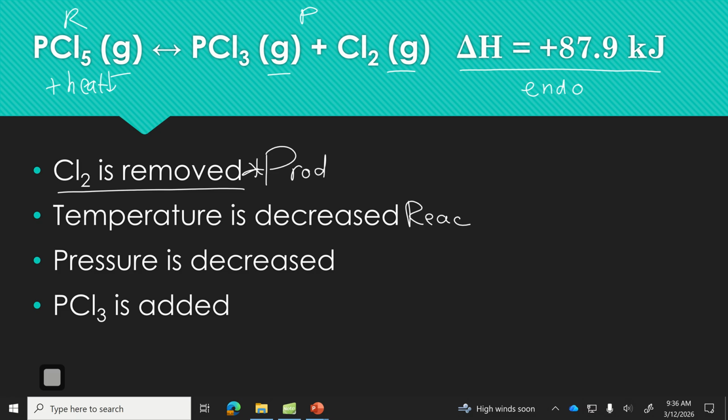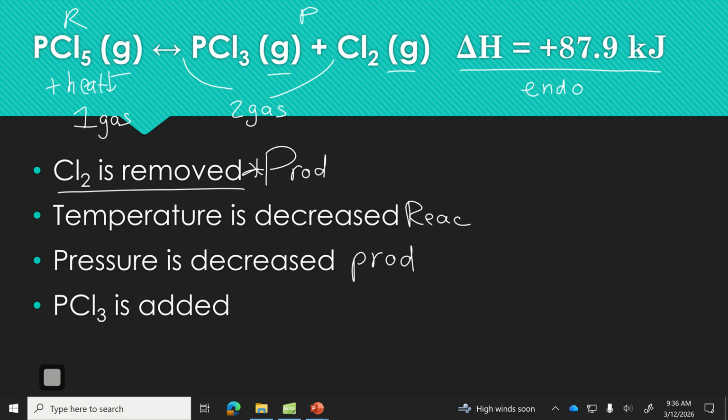Everything is a gas here, so I need to count how many gas molecules I have on both sides. On the reactant side, I only have one gas molecule because it's only one coefficient. On the other side, I have two gases. So if I decrease pressure, that favors more gas, so that will favor the product side.